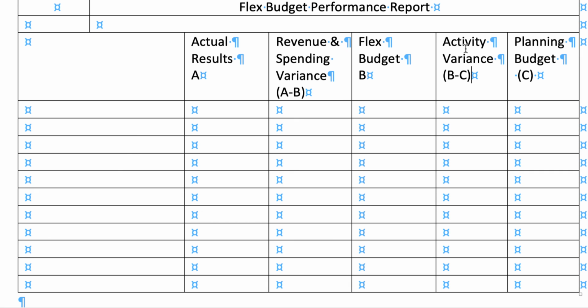I'm confident that from this point, you guys can bang this out. If you're having trouble, just text me, not a problem. I'd be happy to set up a big blue button session and review how to calculate revenue and spending variance, how to calculate activity variance, and go from there.